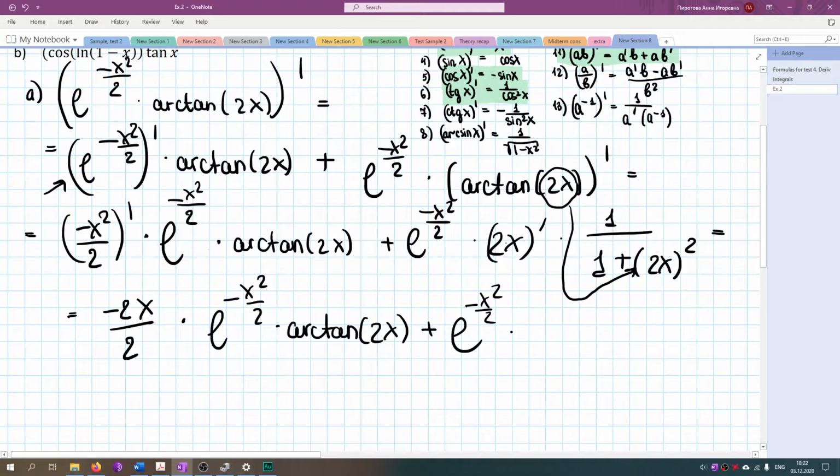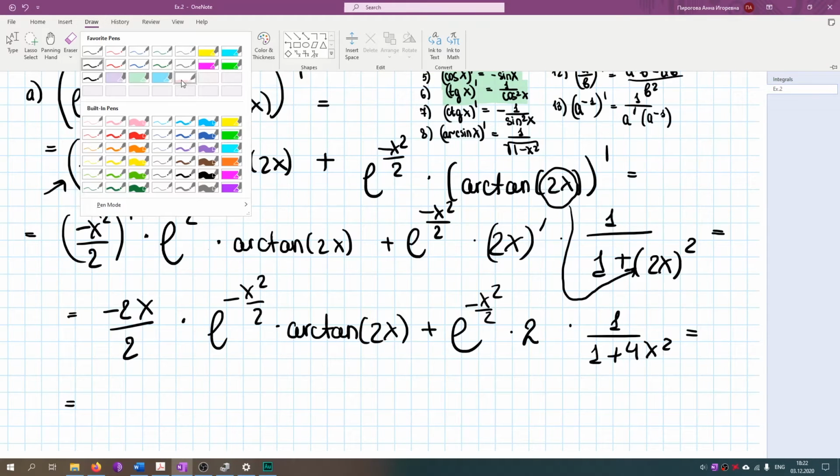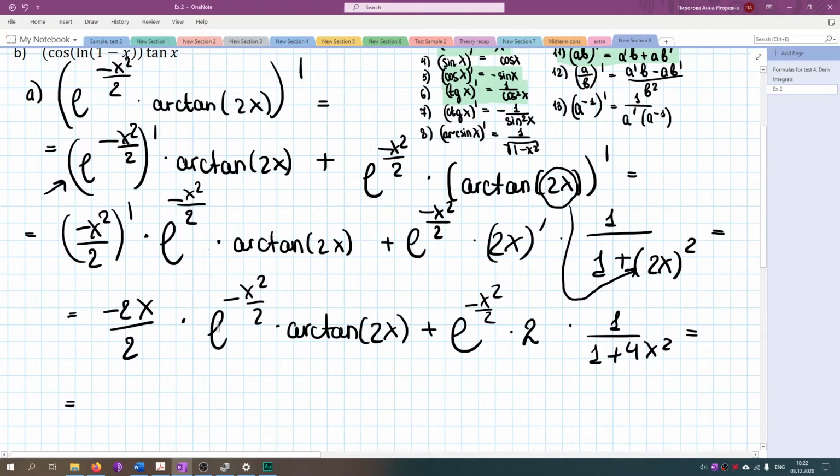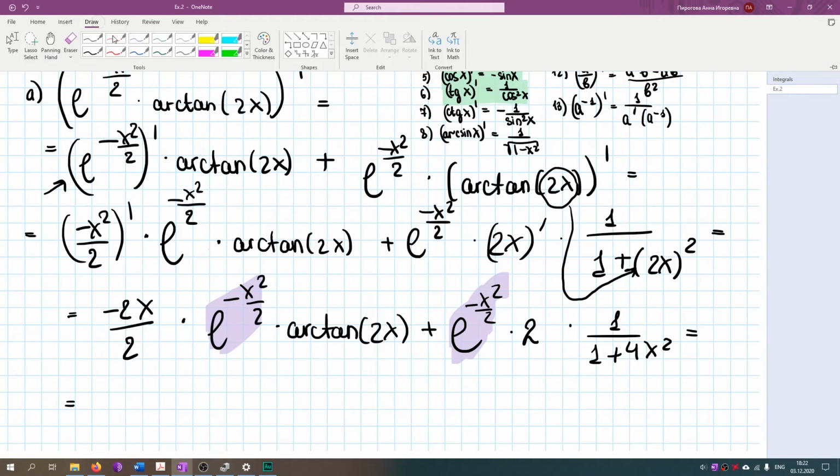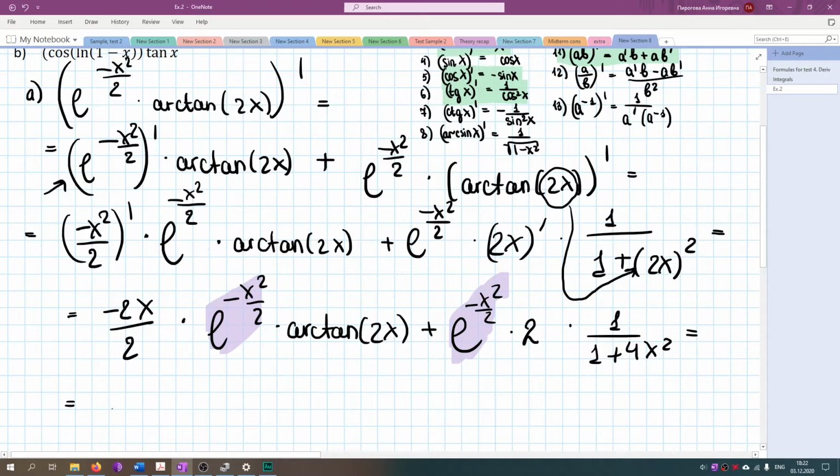Here the derivative of 2x will be just 2, because 2 is a constant. And this fraction will look like this, 4x squared. And if we want to simplify it even more, we have here exponent and here exponent, and we can take it out of the brackets.